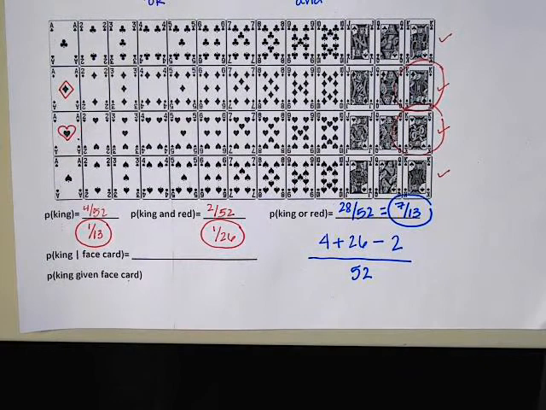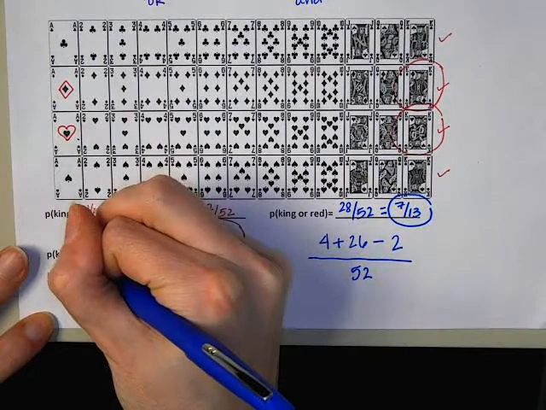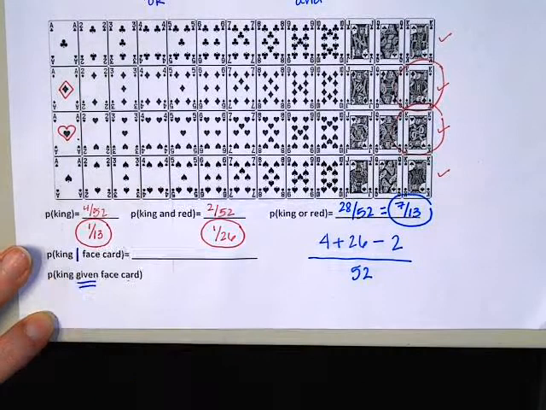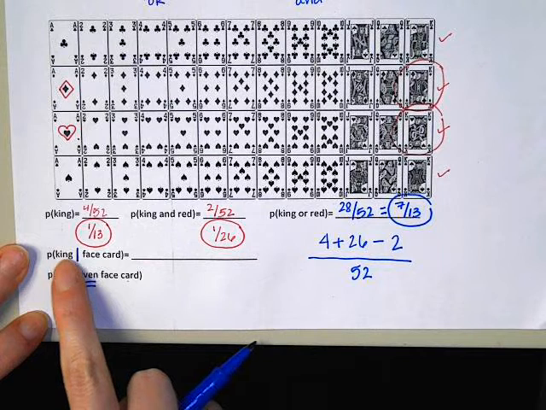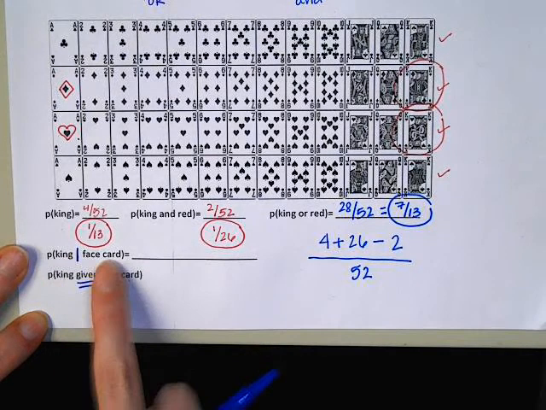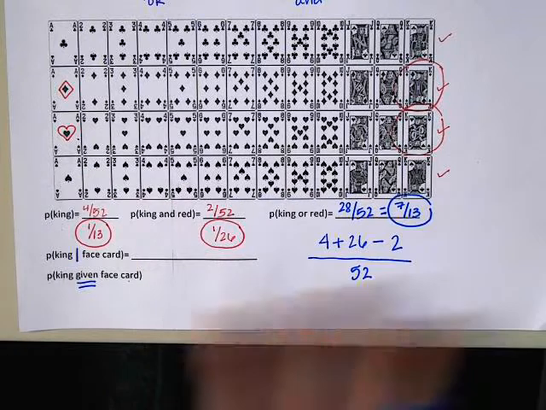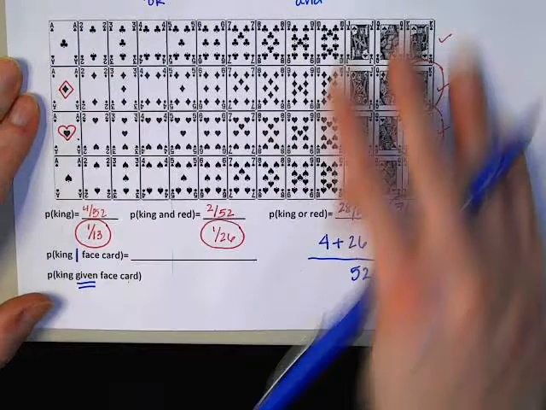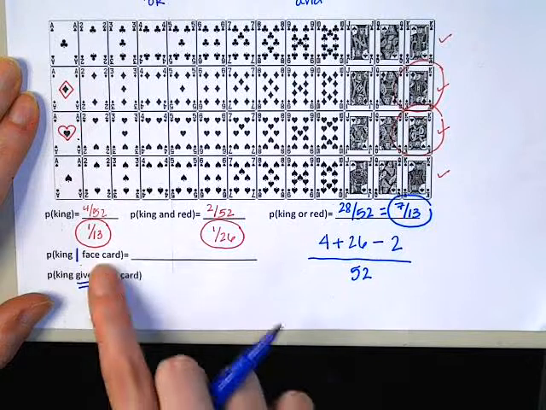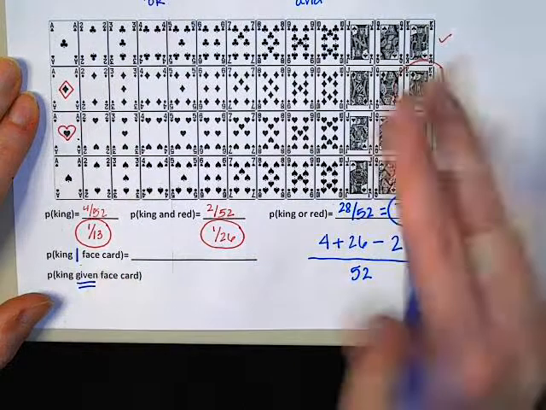And then here's a new symbol that you guys might not know. This means given. So what is the probability that you pick a king given that you know it's a face card? So now our denominator is going to change. We're not talking about all the cards. We're only talking about if you know it's a face card.